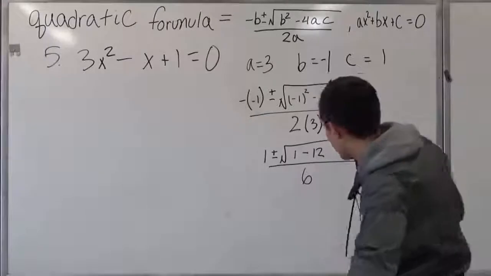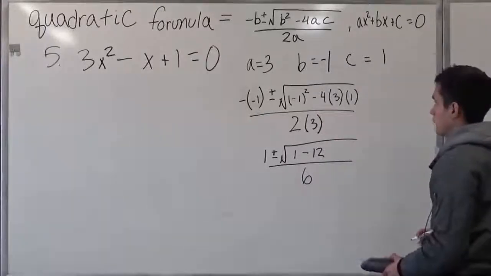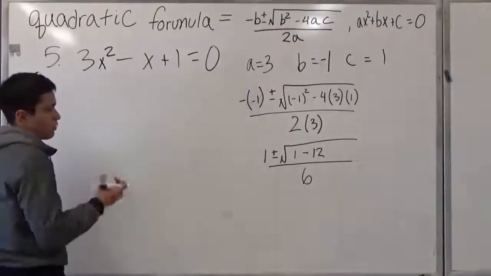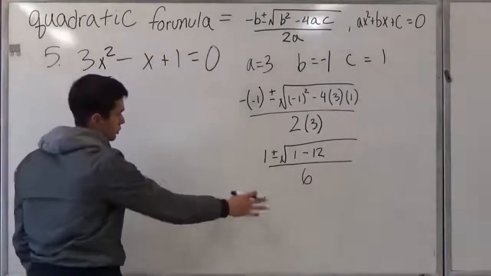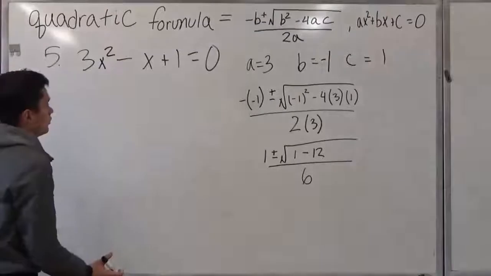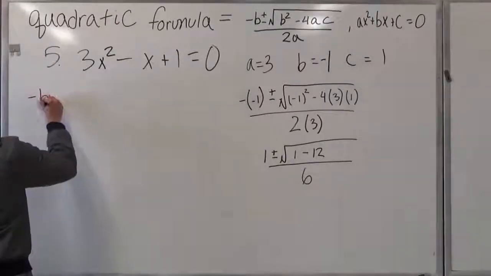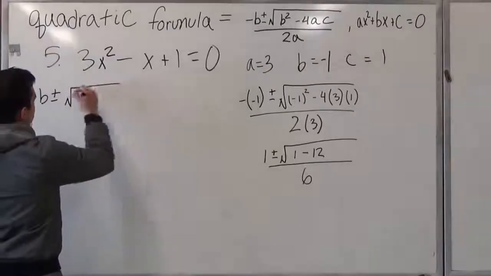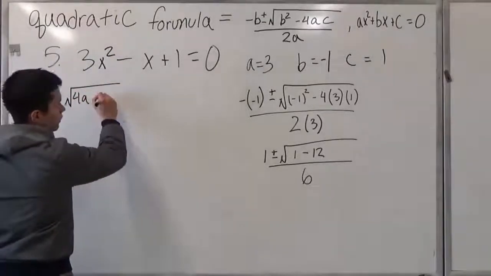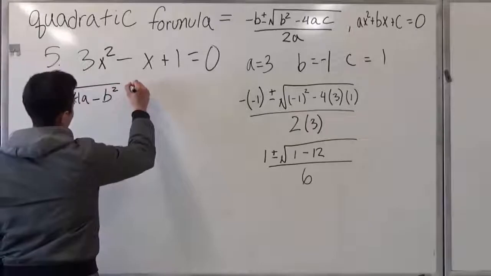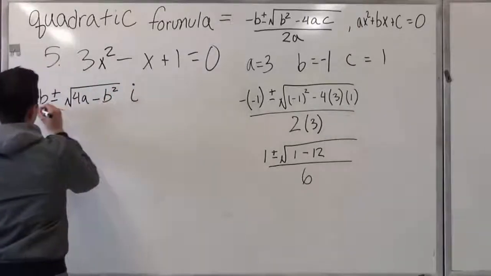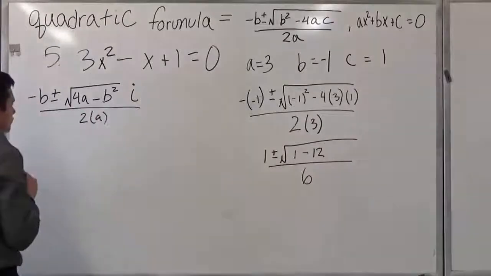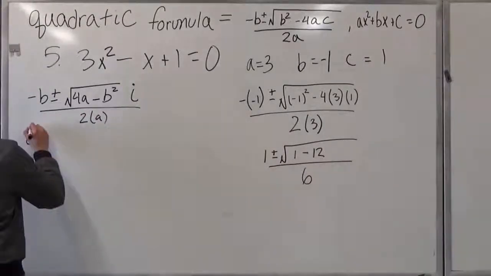So the imaginary number quadratic formula, in order to solve this issue, because we don't want to solve for no real number solution, we actually want to have a solution, would be negative b plus or minus the square root of 4ac minus b squared times i, all over 2a.